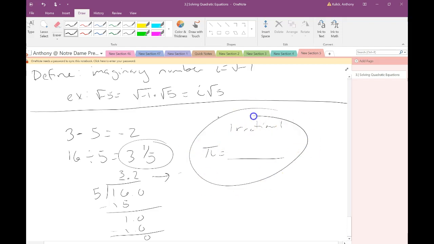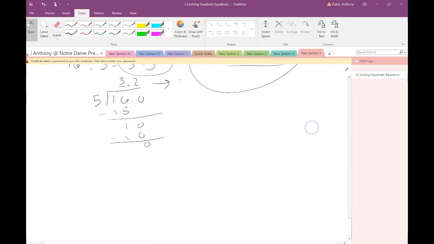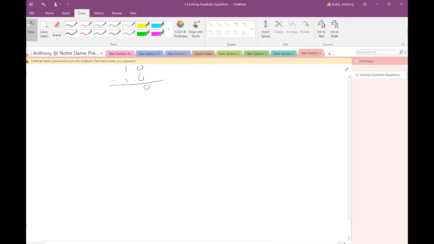So we've been doing this since really the beginning of your mathematics career. When we get stuck and we need a number or new kinds of numbers to represent things, we just extend our number set. And that's really all we've done with these imaginary numbers here.